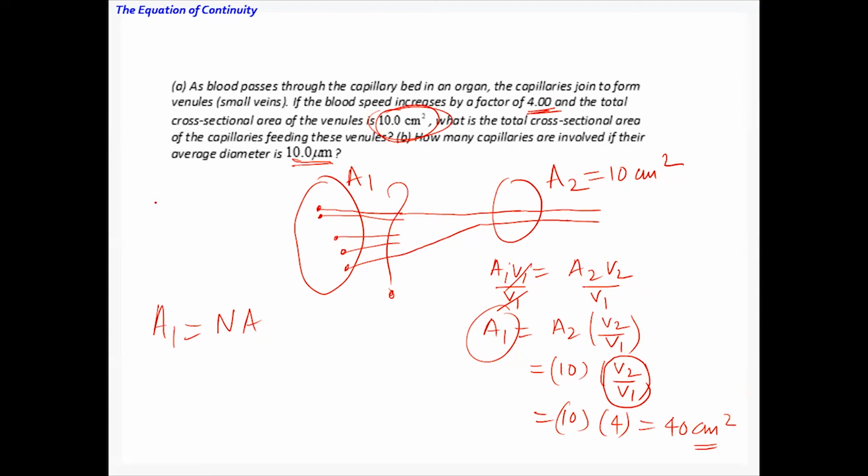N. We know A, how? Pi d squared over 4. Okay, we know the average diameter, which is 10 micrometer. If you know the diameter, then you can find the area by using this formula.